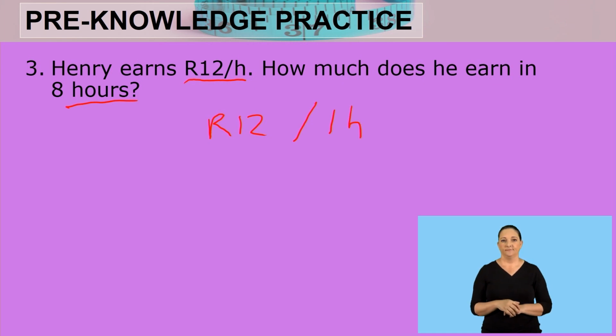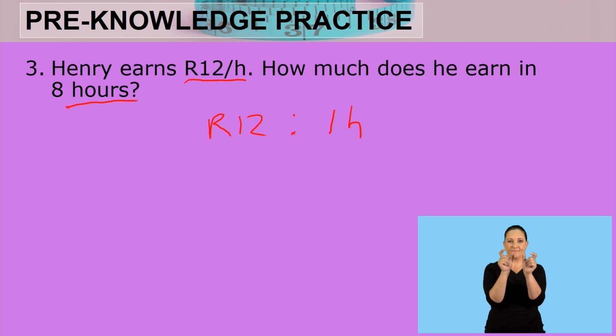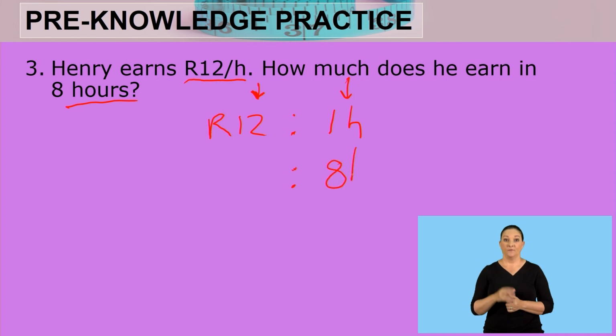Instead of using this symbol, we could use the two dots. The next thing we have is how much does he earn in 8 hours. If you notice the setup, rands tend to fall on this side and hours on the other side. So keeping that line as my division, 8 hours would fall on that side. And I'm trying to find this value.